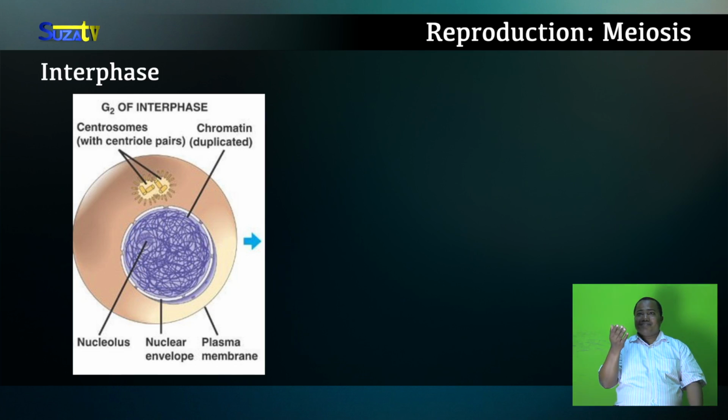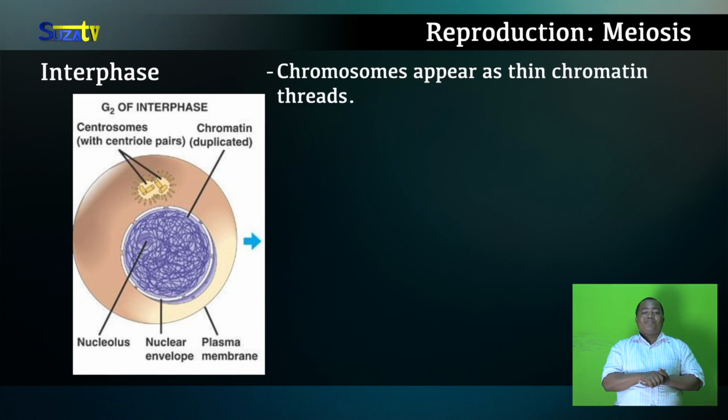The first one is that chromosomes appear as thin chromatin threads. Good. Clap 2. Thank you.